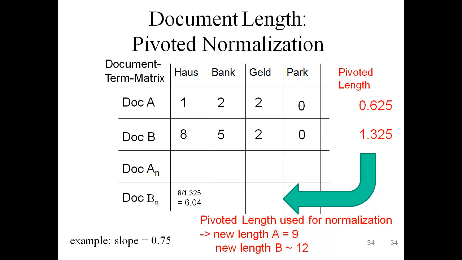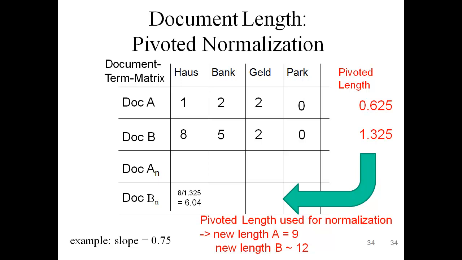Okay? We end up with a less extreme normalization. New length, that's actually the factor, and the new length is around 9 and 12, that's it.